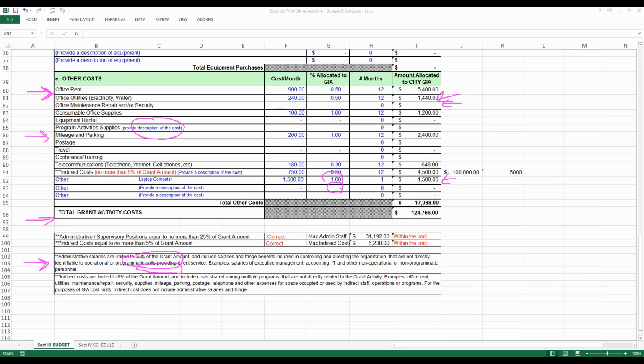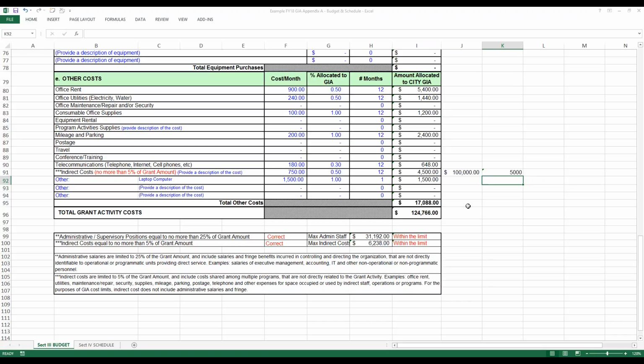And the good thing about this budget spreadsheet is that we have this useful tool, the table at the bottom, which tells you if you are calculating your administrative, supervisory, and indirect cost correctly. Again, 25% max for the administrative and 5% max for indirect cost.